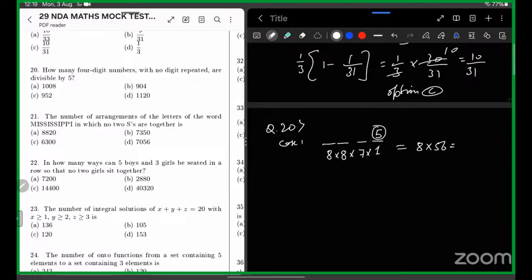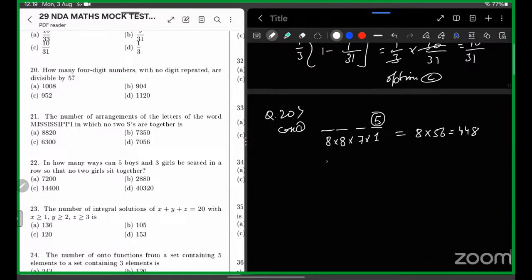Case 1 gives 448. Second case, I'm replacing the last digit with 0. It can be 9 possibilities, 8 possibilities, 7 possibilities.